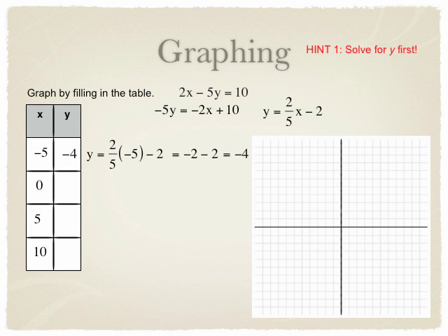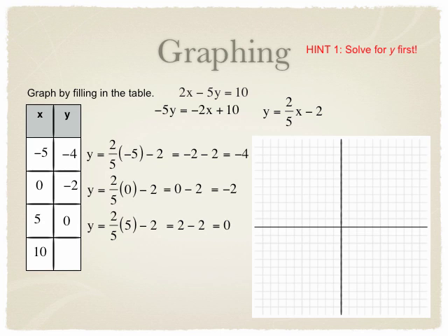Now you always want to choose 0, because 0 is by far the easiest thing you could ever plug in. 2/5 times 0 is 0 minus 2, which gives you -2. All right, if I plug in 5, my 5's cancel, and I have 2 minus 2, which is 0. And if I plug in 10, 5 goes into 10 2 times. 2 times 2 is 4. 4 minus 2 is 2. Let's put these on the graph. Should be old hat by now, and connect the dots.